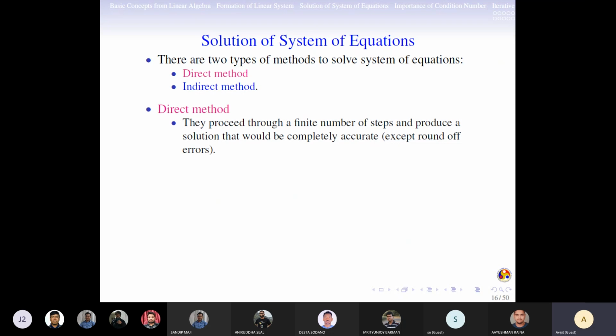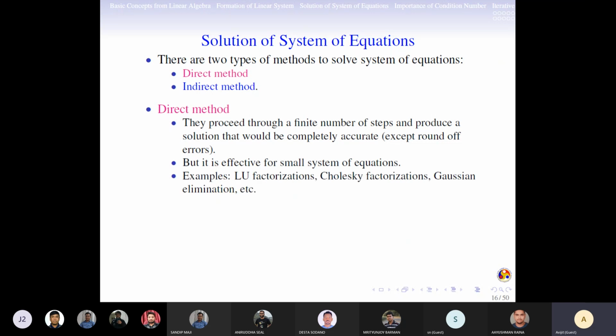In each step, we have to do a lot of computation, and that is why the direct method is not that efficient, because when you have to deal with a large system of equations, it is not possible to do that much calculation. That's why the direct method is effective for small systems of equations. In this category, you can put LU factorization, Cholesky factorization, Gaussian elimination, etc. These types of methods are known as direct methods.